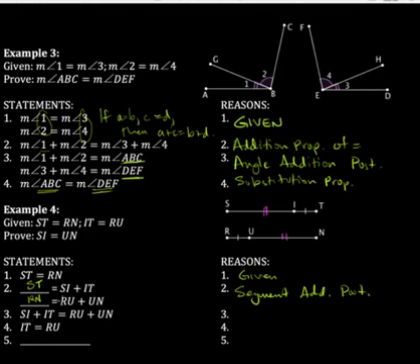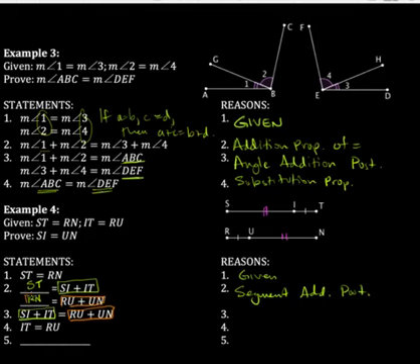Now in step 3, I've said that SI plus IT equals RU plus UN. How do I know that's true? Well, let's look at where this phrase comes up in statement 2 and statement 1. SI plus IT is right here, saying that it's equal to ST. RU plus UN, so I like to color code things, so let me put the same color box around those two things. And then RU plus UN shows up right here.